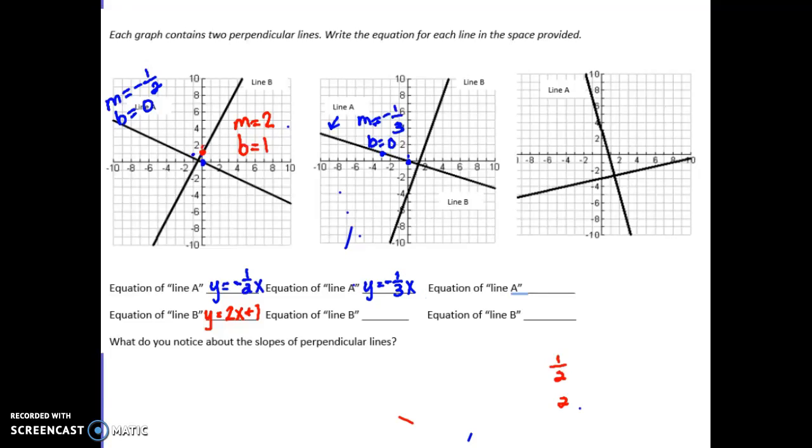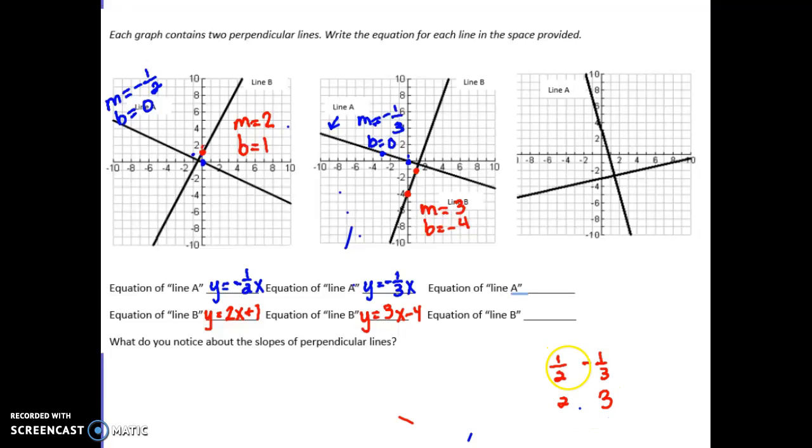If I look at the other line, my y-intercept is at -4. And my slope will be 1, 2, 3 over 1, so my slope is 3. So the equation of that line is y equals 3x minus 4. So now we've got a slope of -1/3, and then we've got a slope of 3.